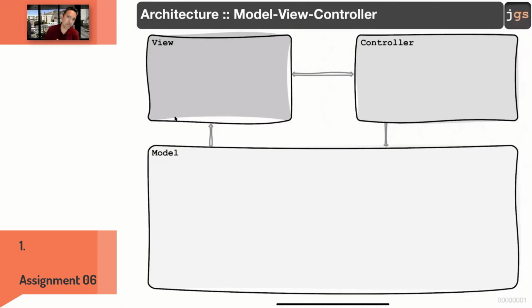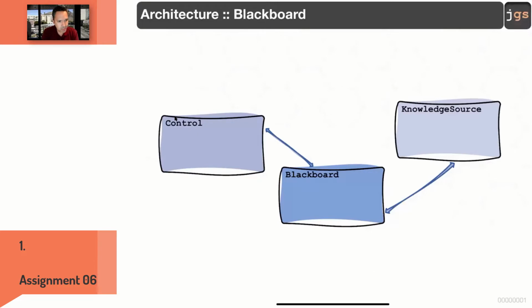Now, you are going to have in your project, and I am going to explain the details, a repository for information, a place in which some part of the program is going to put data and a different part of the program is going to use that data. I am asking you to use the Blackboard pattern for that.